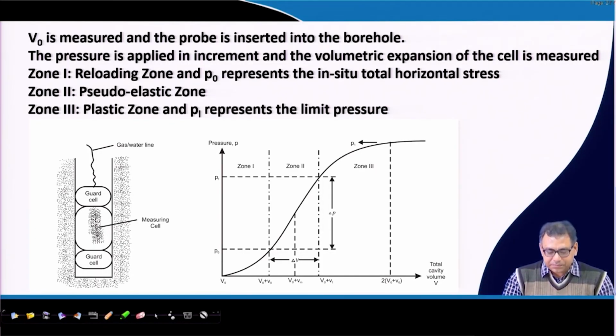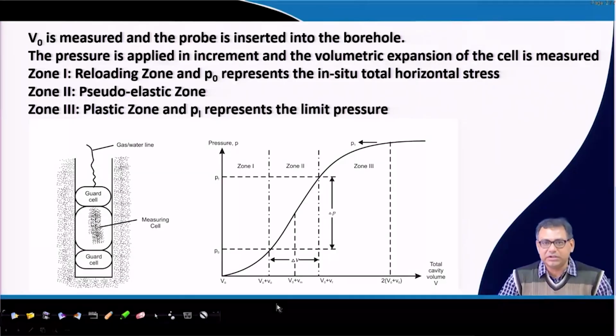Now, once you apply the pressure and the probe starts to expand, it will push that deformed soil back to its original position. So, at the small v0 position, the soil goes back to its original position.